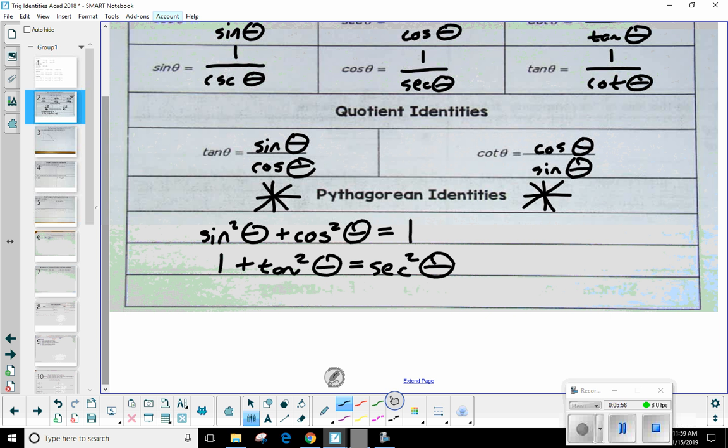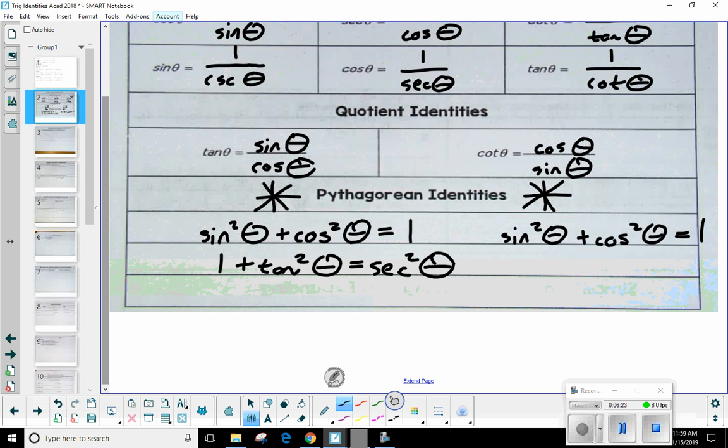The thing that can get tricky about these identities is it's not just the direct identity you can always use, but you can use different versions of it. You can manipulate the equation that you're given. For example, let's say I have sine squared of theta plus cosine squared of theta, and it equals 1. Let's say I want to solve this for sine squared.